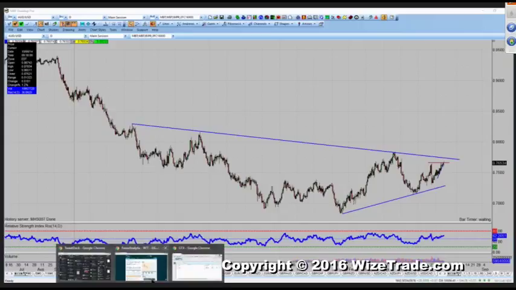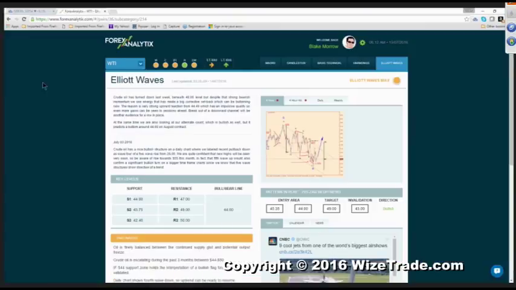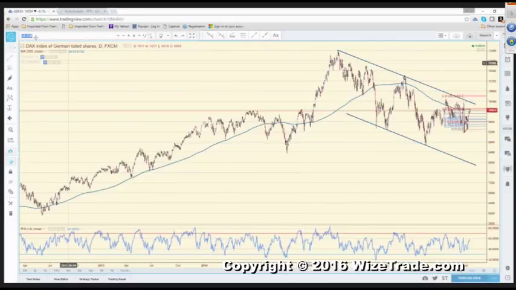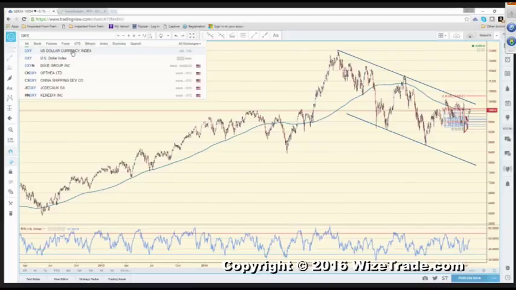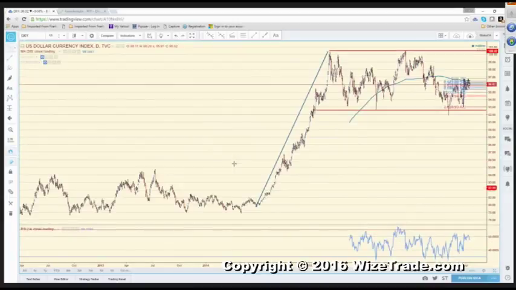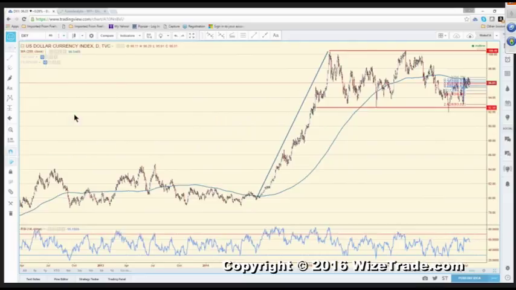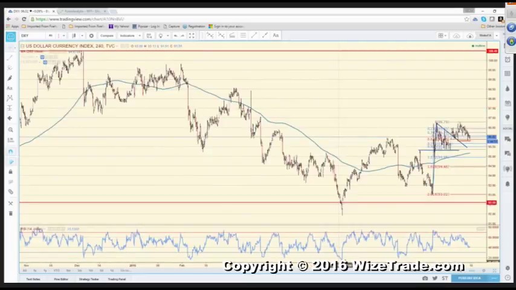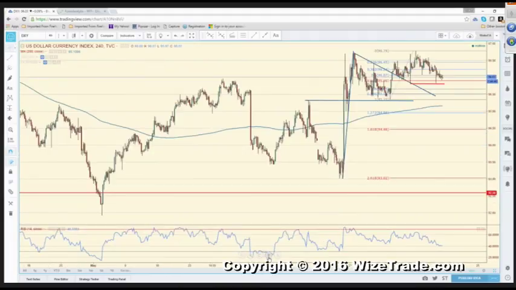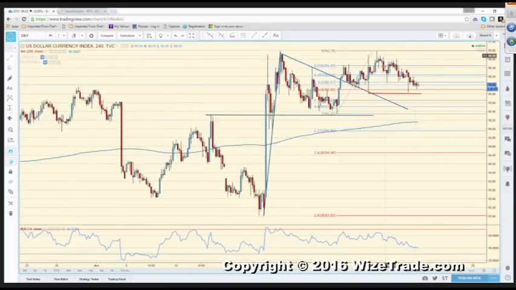Dollar index. Here's the dollar index. The 61.8 comes in at 95.80.